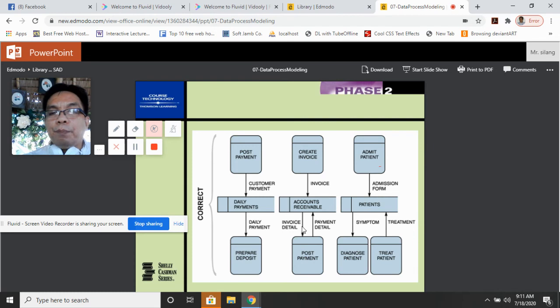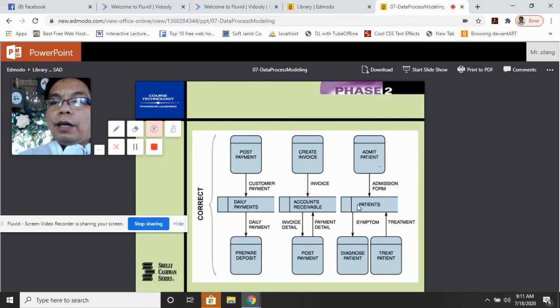We read from the database the invoice detail, so that's an input for this process. If you're going to pay, we should know what we are paying. And then the payment will be stored inside our accounts receivable data store.